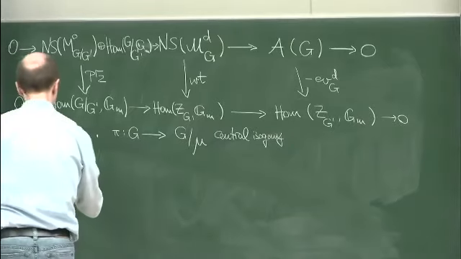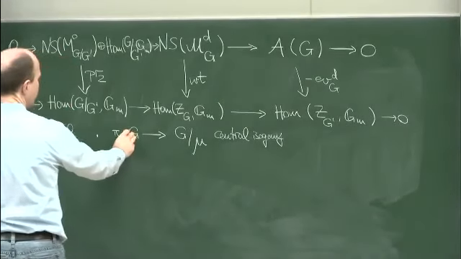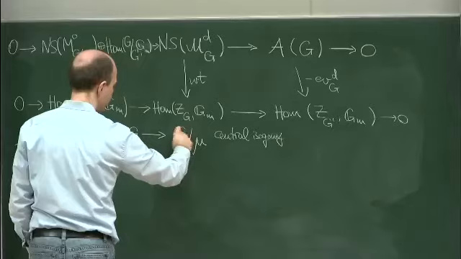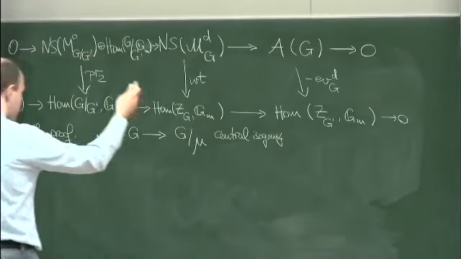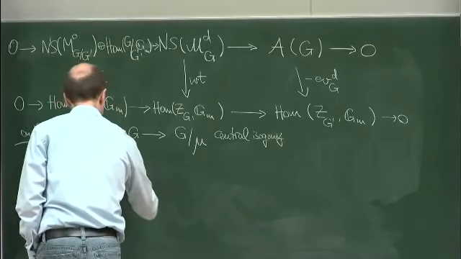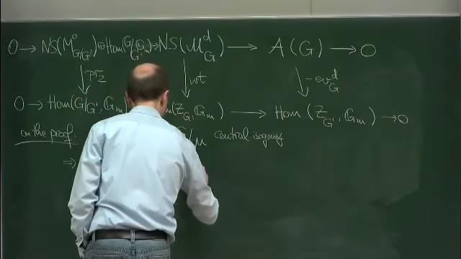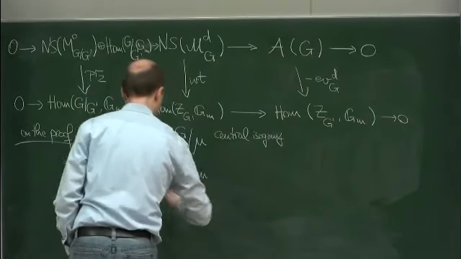Then you get an induced map of moduli stacks. So every G bundle, you can extend the structure group to a G mod mu bundle, which means you just go modulo mu in the total space. This will give you a map from the moduli stack of G bundles to the moduli stack of G modulo mu bundles.